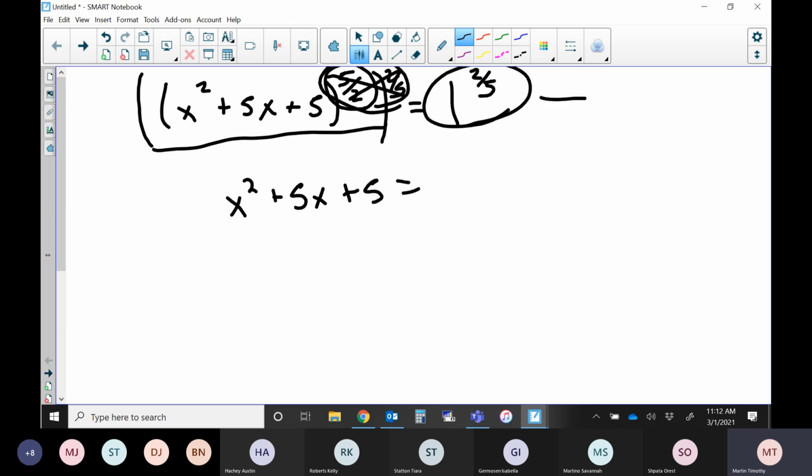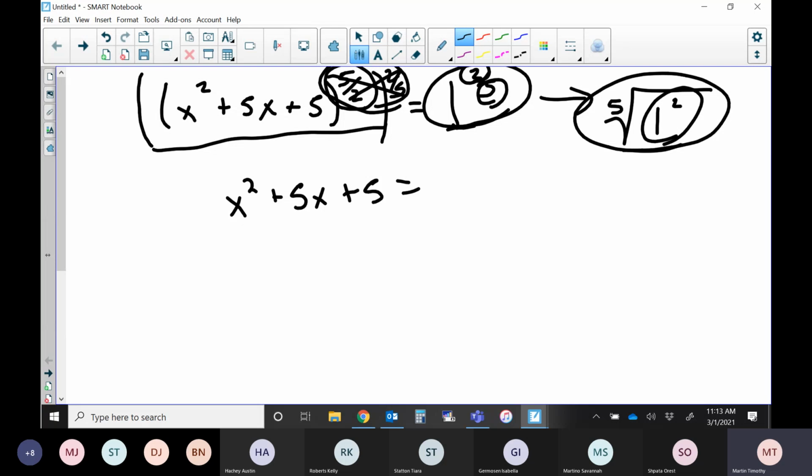This is the 5th root of 1 squared. 1 to the 2nd power is 1, and the 5th root of 1 is just 1. So it turned into a nice pretty 1 still. But if this was any other number, it would change.